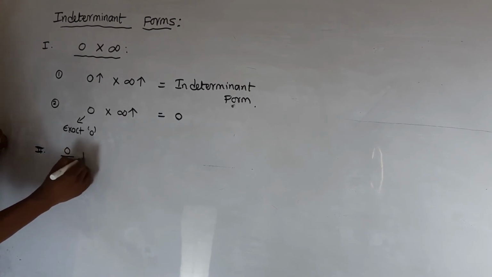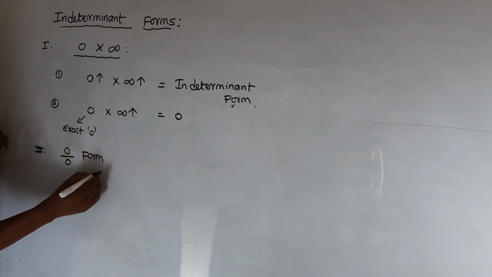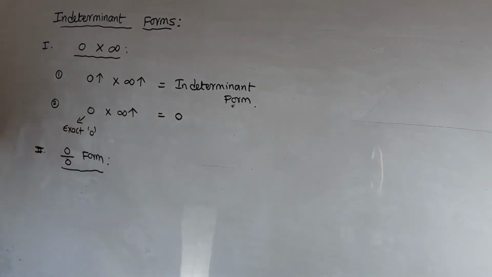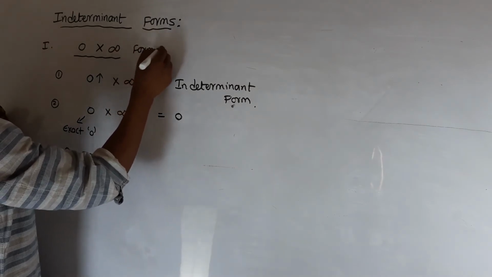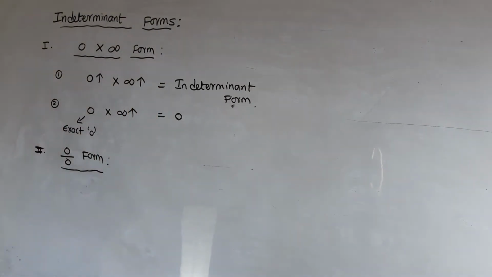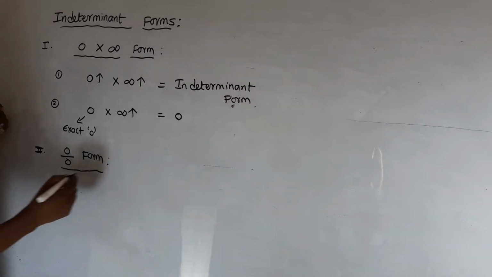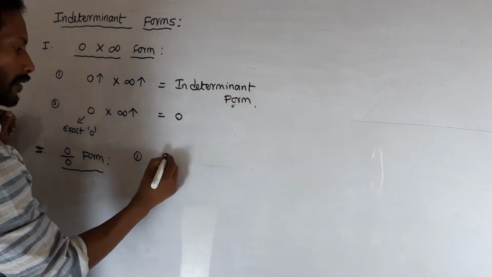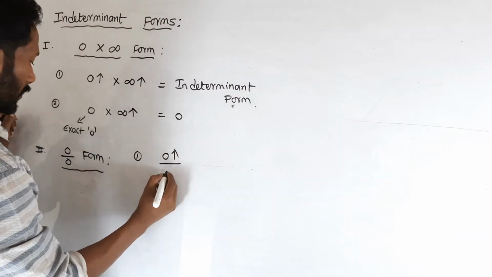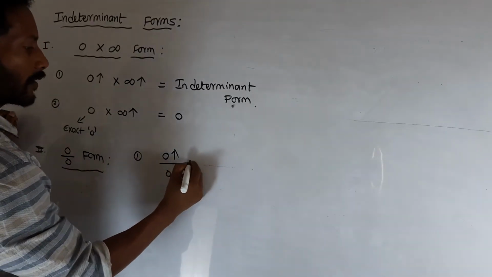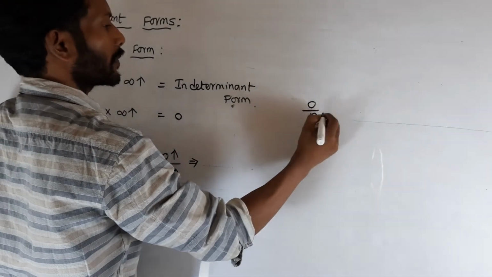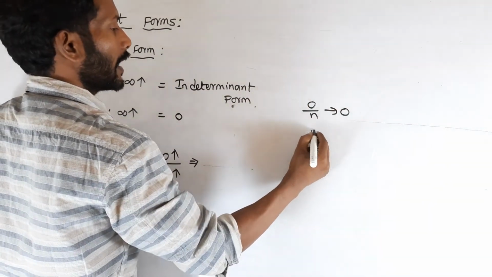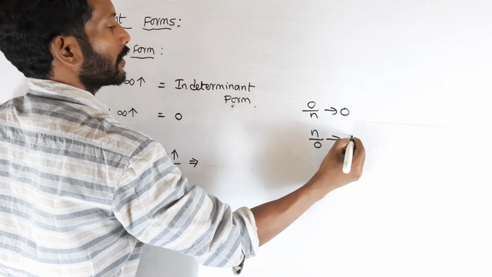Now second case, 0 by 0 form. The first one is 0 into infinity form, the second one is 0 by 0 form. Now it is indeterminate form. 0 by any number is 0, any number by 0 is infinite.